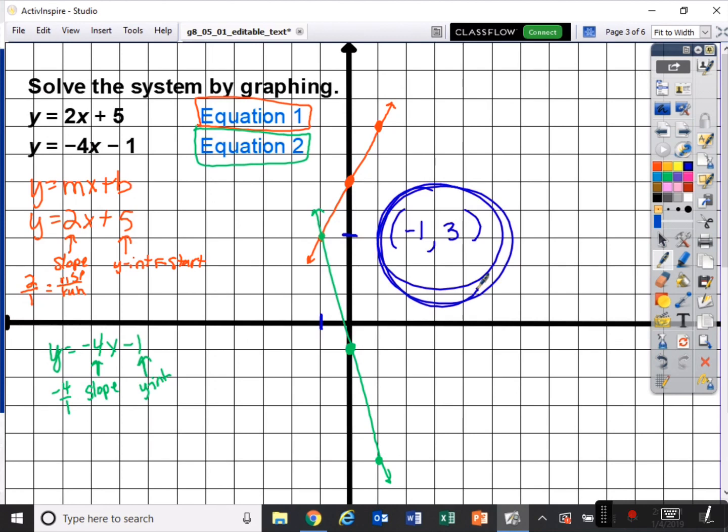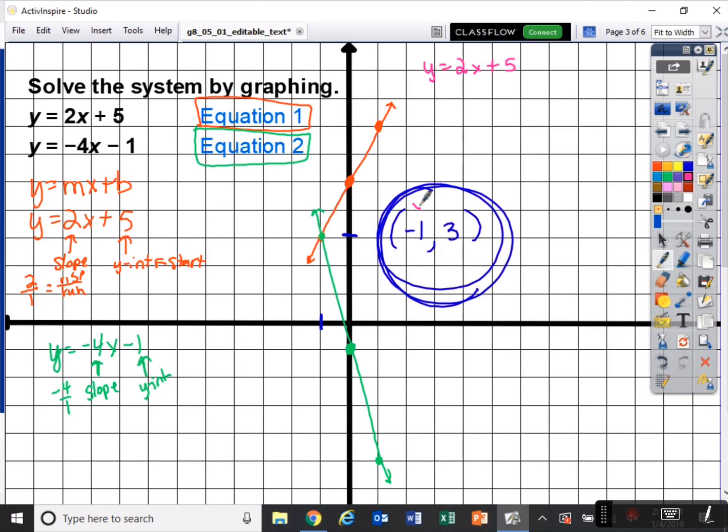Oh, actually, before we do that, we need to check that answer. As I told y'all, we would check these answers to see if they worked or not. So again, to see if an answer works, you plug it back in. We've got two equations here. First one is y equals 2x plus 5. If this point, -1, 3, is the correct answer, I can plug it in for y and x.